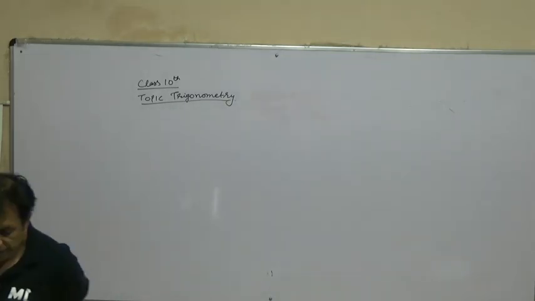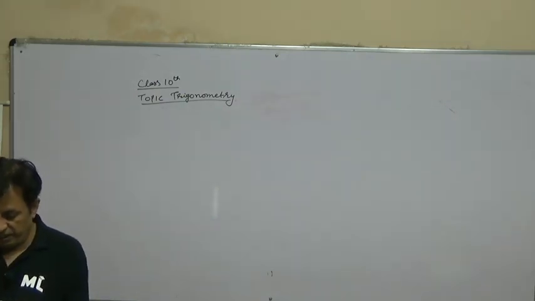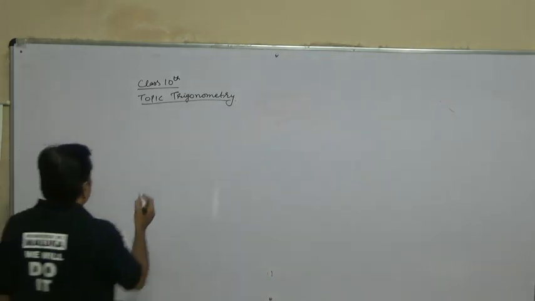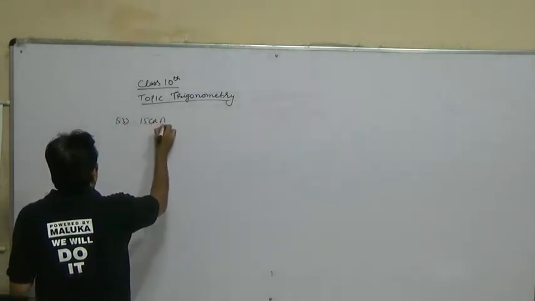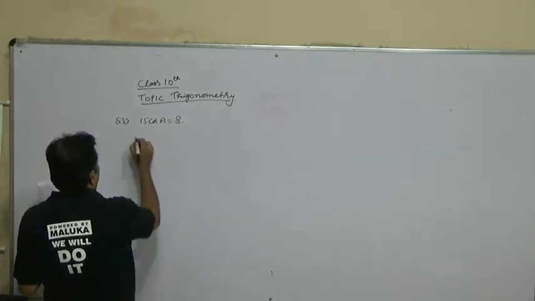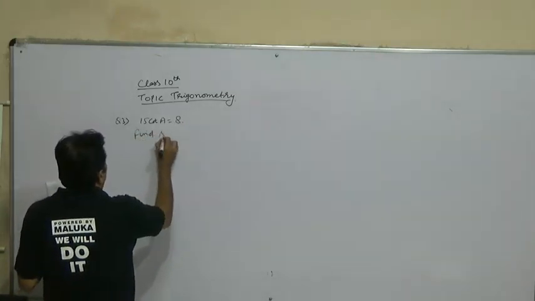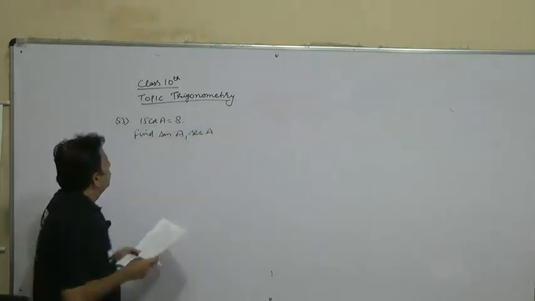The next question in this part is, we are given cot A, we want to find sin A and sec A. So we are given 15 cot A is equal to 8, find sin A and sec A. So this we want to find.